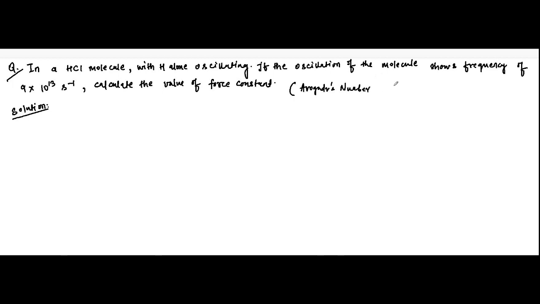Which is given as 6 into 10 to the power 26 per kg mole. This is the given data and we have to use this only. So here, first the mass of one H atom, that we have to take into consideration.